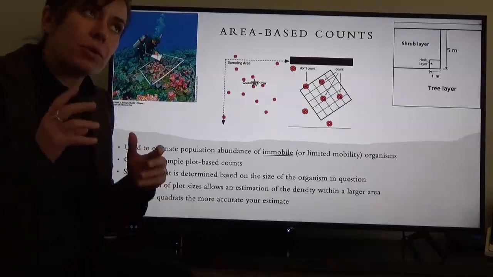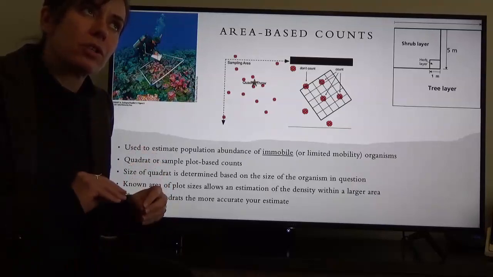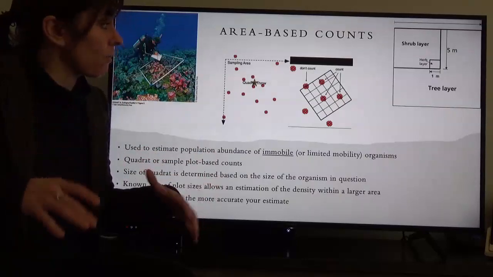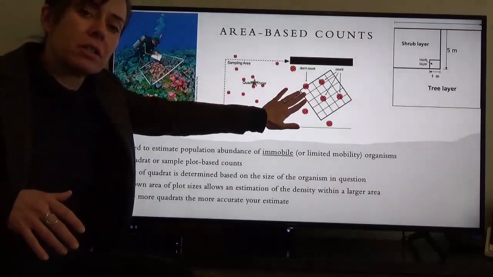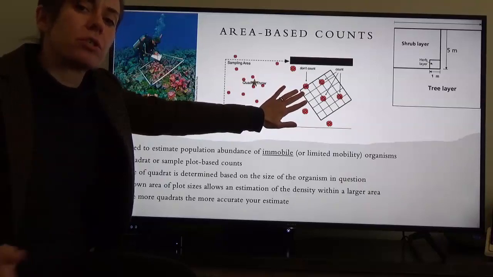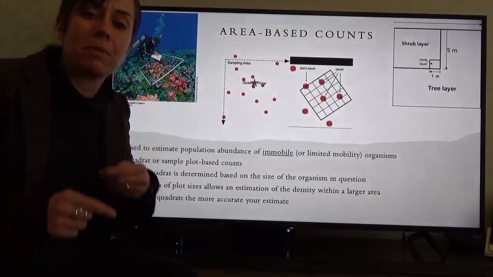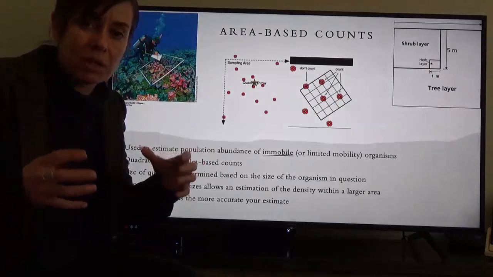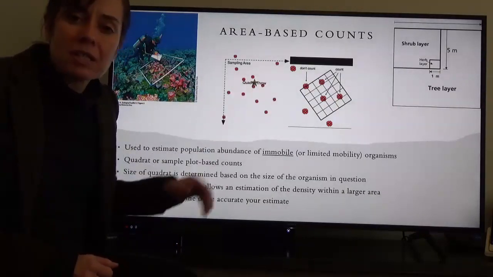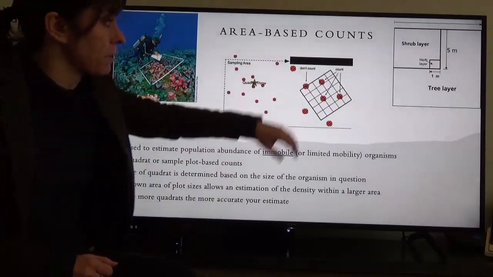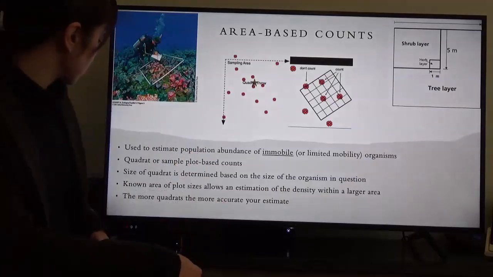So long as, with those mobile organisms, you're not interested in monitoring that precise location. So frequently with plants, we'll mark the quadrat locations and return to those same places and measure the same place through time, and then you can actually get a measure of population dynamics within that quadrat. With mobile organisms, even if they move slowly, you obviously can't do that, but you can use quadrat-based methods on slow-moving organisms. Okay.